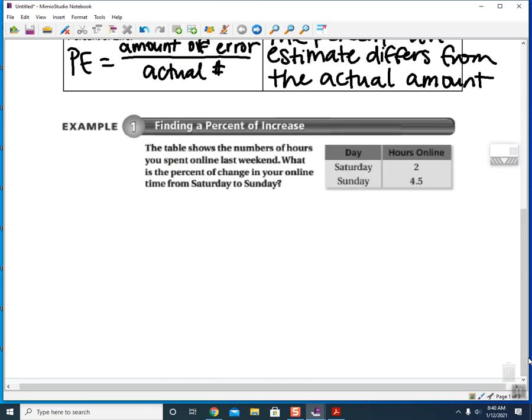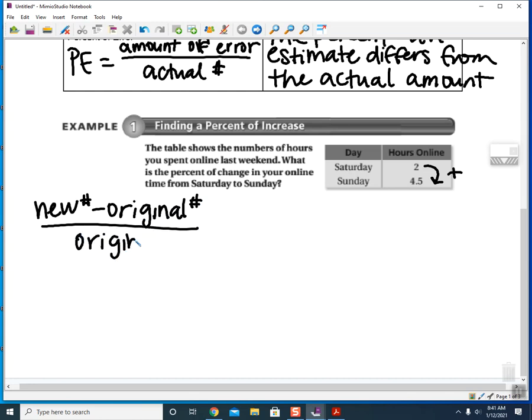Okay, so then if we look at this first example, percent of increase, table shows the number of hours you spent online last weekend. What's the percent of change in your online time from Saturday to Sunday? So we're going from 2 to 4.5, which we can see is a positive increase. So I'm taking my new number minus the original number divided by my original number.